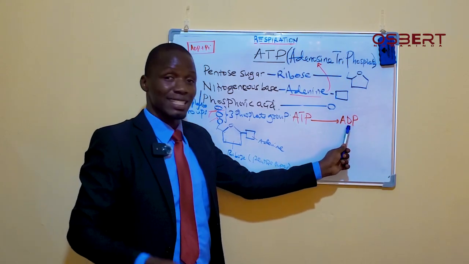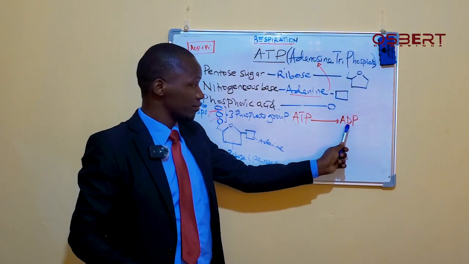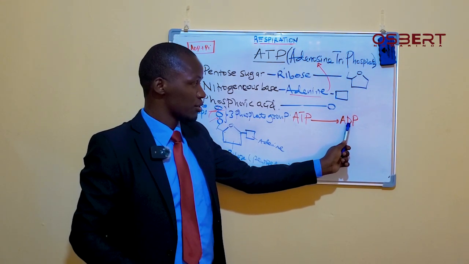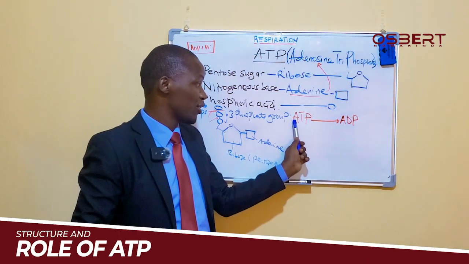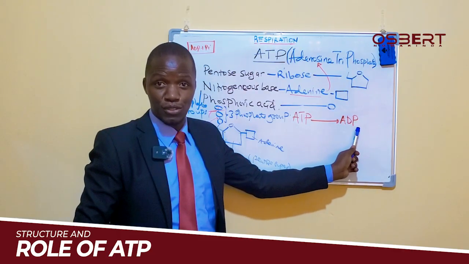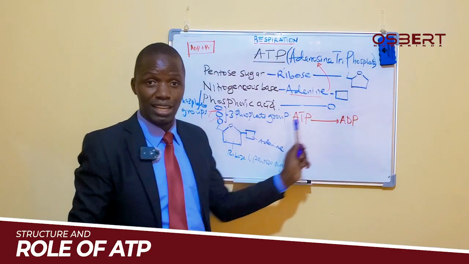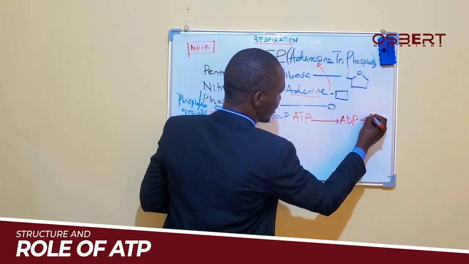This D means di. So this is now adenosine diphosphate. This was adenosine triphosphate. Now this one is adenosine diphosphate, because one phosphate has been broken off.